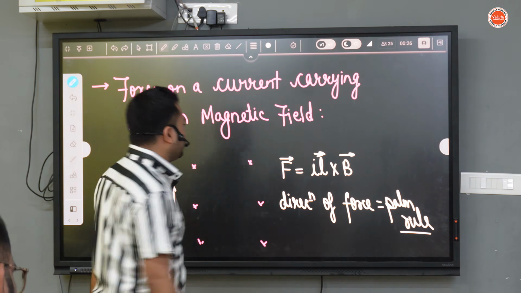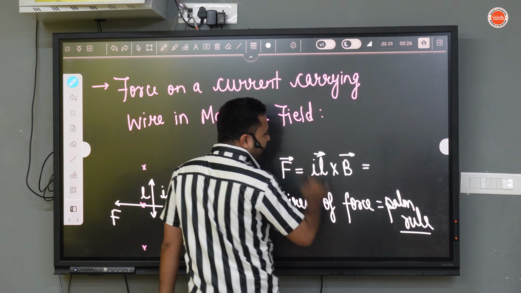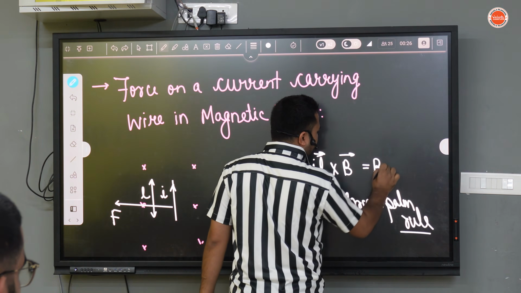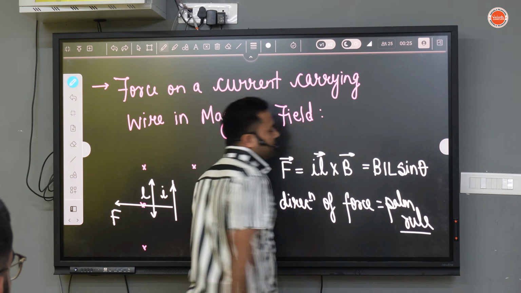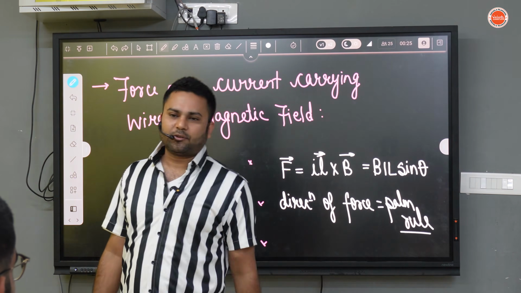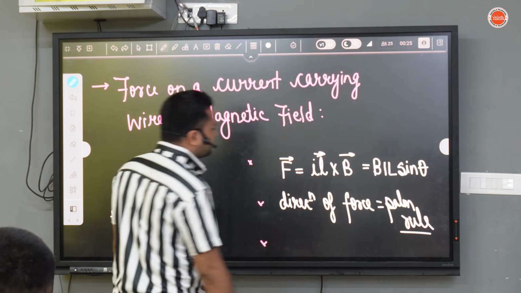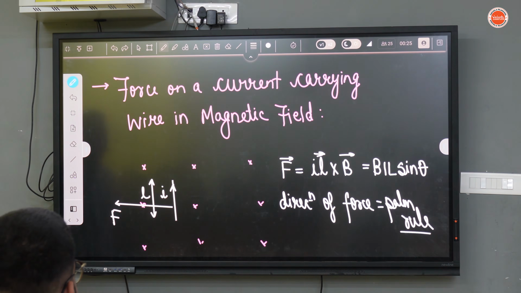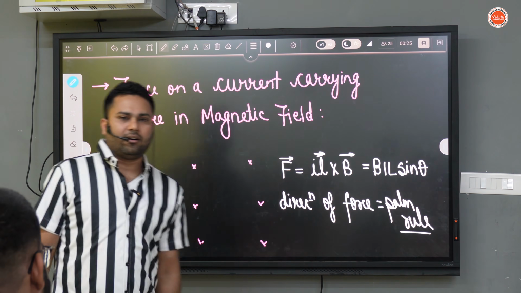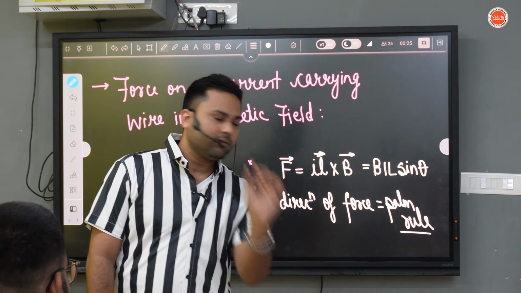We can write it like this also: IL cross B, that is ILB sin theta, or BIL sin theta. Bill. We have the electricity bill, so you can remember it like this: BIL sin theta. Here theta is the angle between the magnetic field and the current length vector.